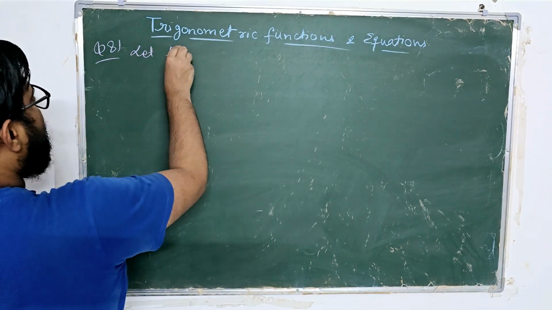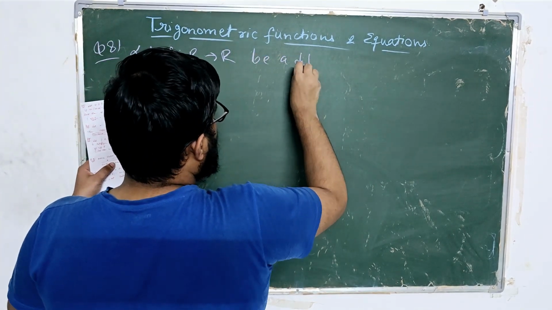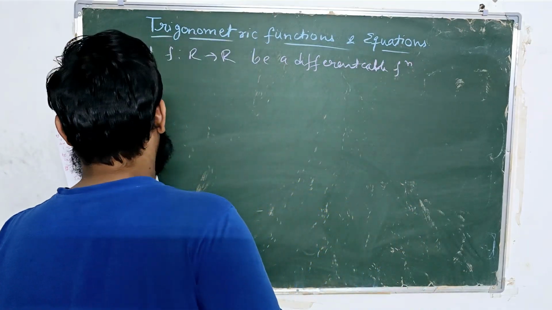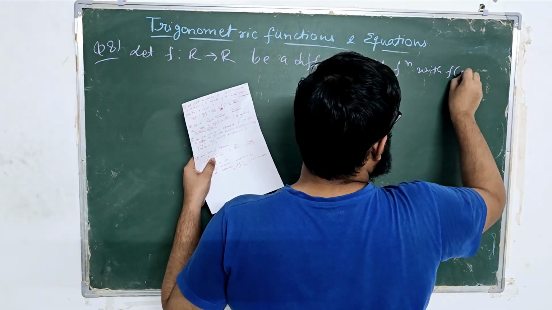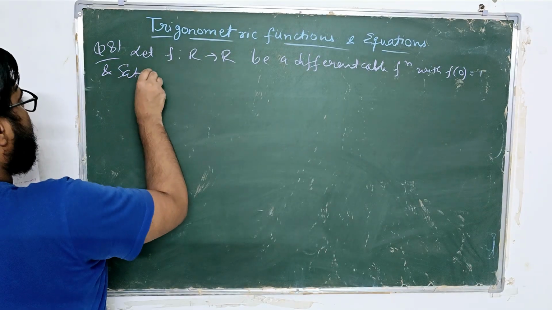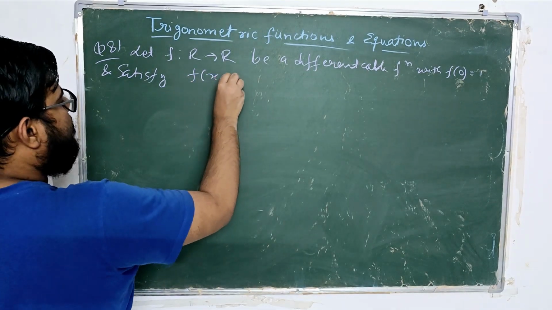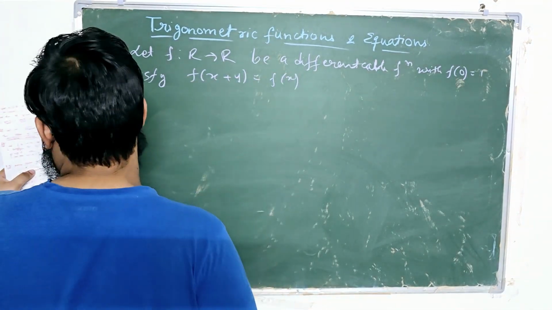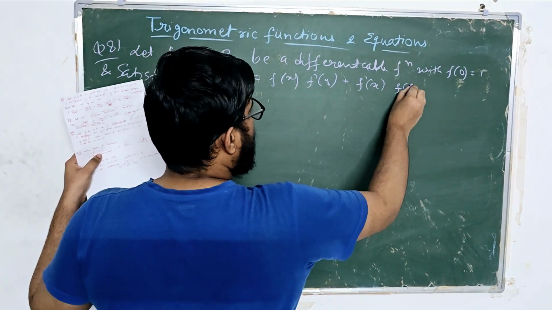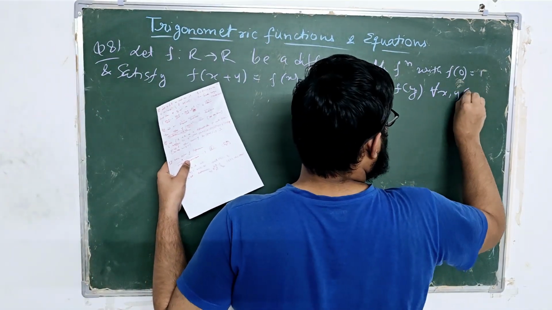Let a function f from R to R, from real to real, be a differentiable function with f at 0 is equal to 1 and satisfy f of x plus y is equal to f at x, f derivative at y plus f derivative at x, f at y, for all x, y belonging to real numbers.